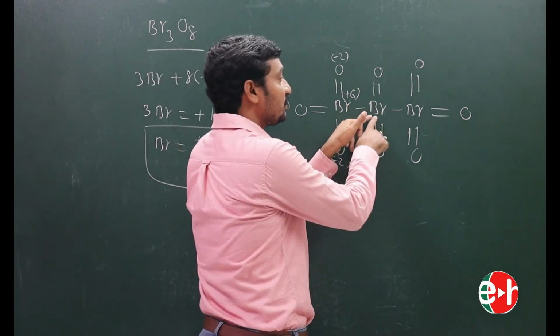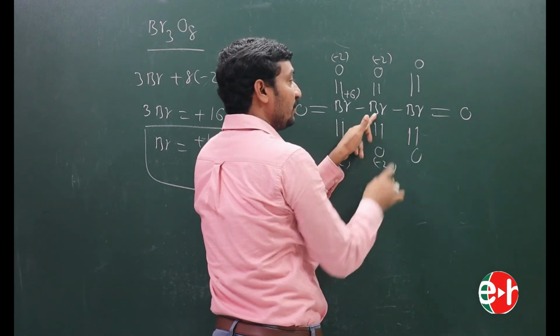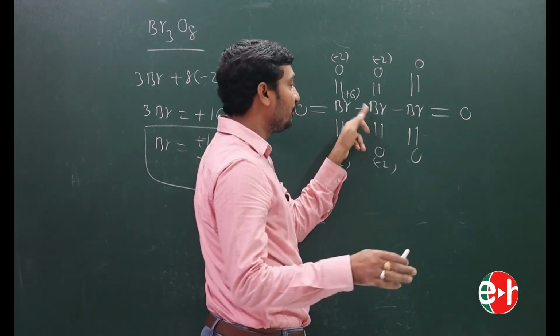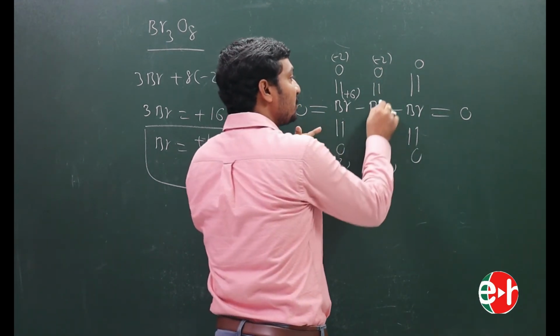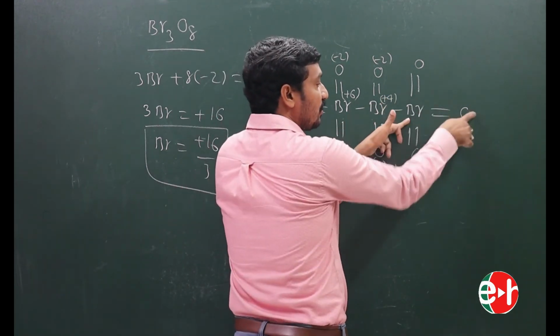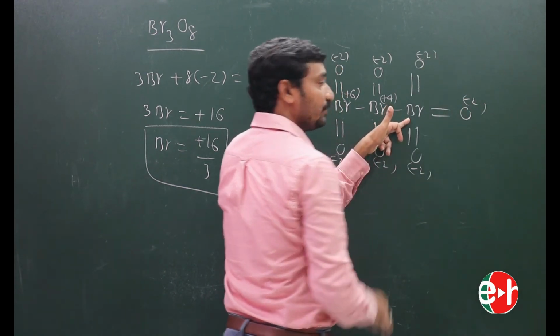Now coming to this bromine, oxygen -2, oxygen -2. Again left side a similar atom, right side also a similar atom, bromine. So with similar atoms 0. Now -2, -2, -4. Then bromine oxidation state is +4.